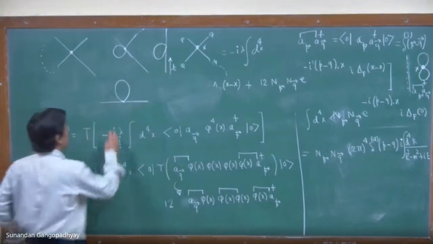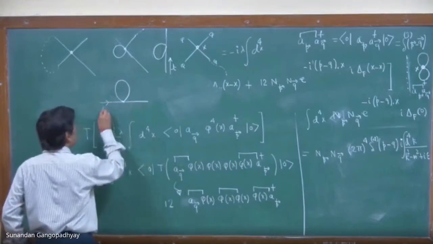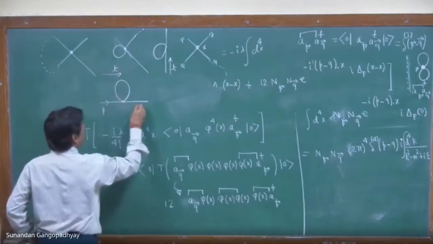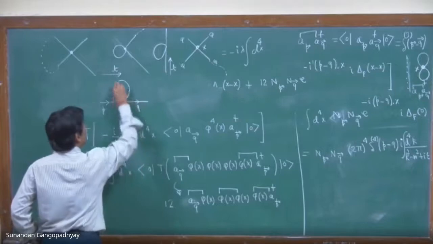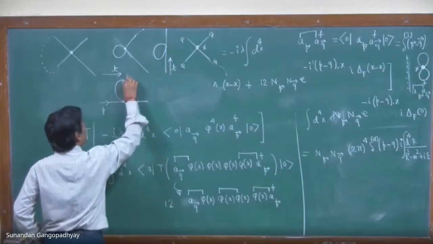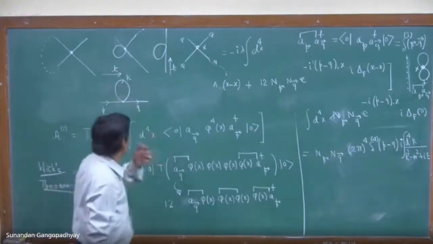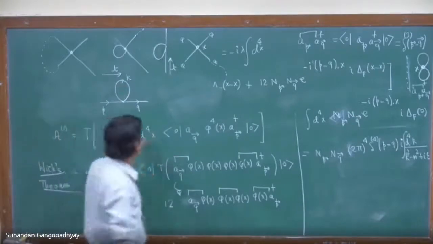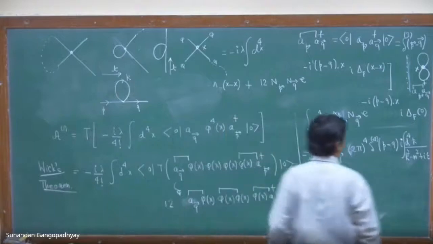What this basically means is that the particle with momentum p comes like this. This is the direction of time flow, and it goes away with momentum p. This loop arises because there is an integration over x. There is a vertex, therefore there is an integration. There is a loop here.